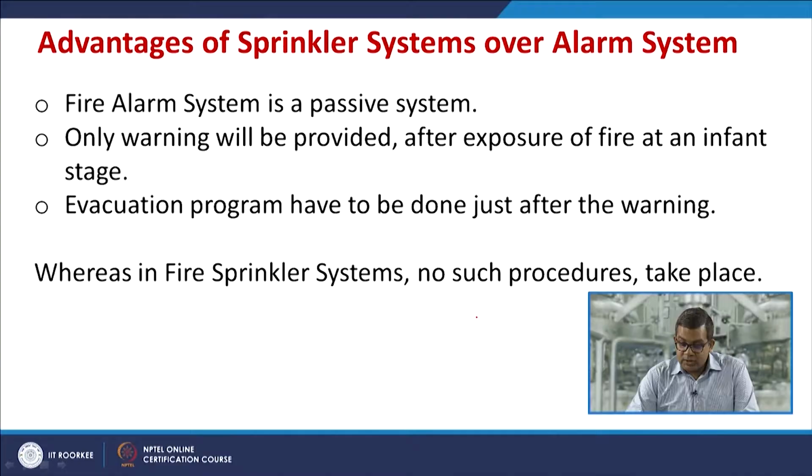This is a passive system and you need to follow certain guidelines because it does not provide any support to extinguish the fire or to remove any arm of the fire triangle. Whereas in the fire sprinkler system, no such procedure takes place. So that's why it has an edge over the alarm system.